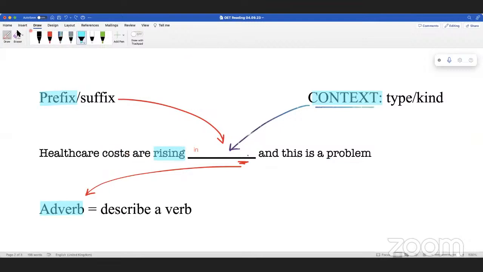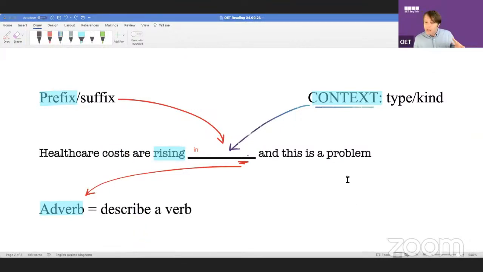Yeah, something bad, like rising insanely or crazy. So start to think about, okay, this is healthcare costs. They're going up in a certain way. We know it's a bad way, probably in a crazy way. Someone said continuous, in a continuous way. What else kind of way? Unbelievable. Unbelievable could be that as well. What else?